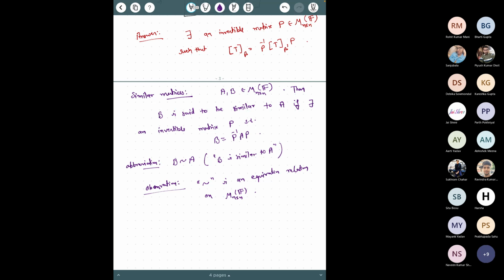The class of A is the set of all matrices which are similar to A. Yes, for every matrix A, the class of A is the set of all matrices which are similar to this matrix A. You are right. So we can write equivalence classes for this equivalence relation.